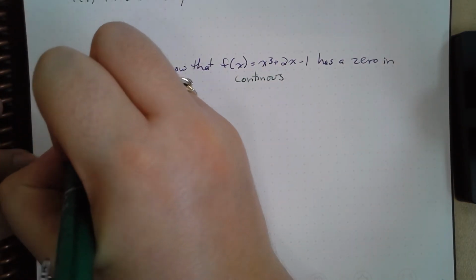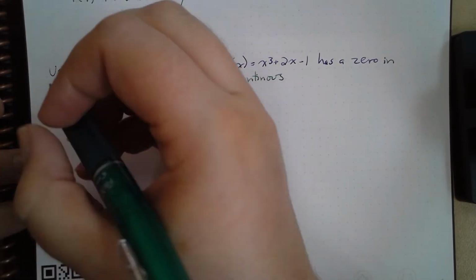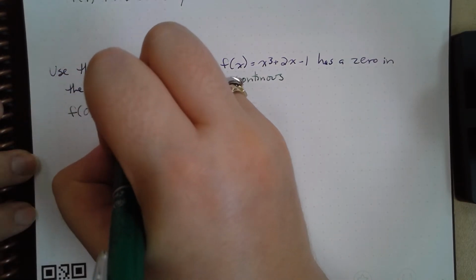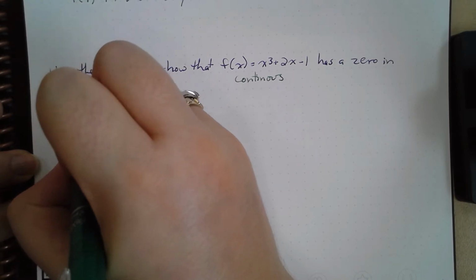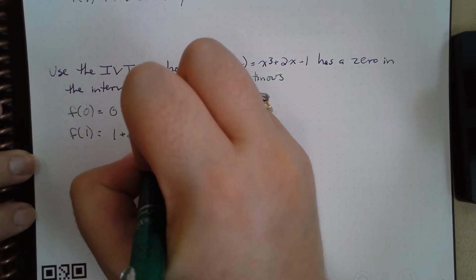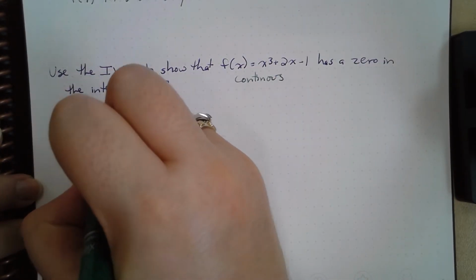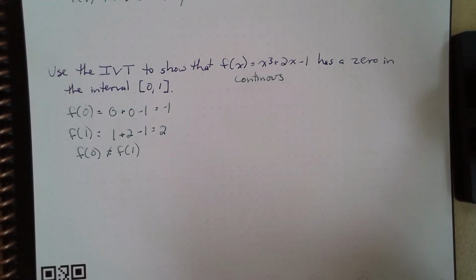Well, f of 0 is going to be equal to 0 plus 0 minus 1, which equals negative 1. And f of 1 is going to be equal to 1 plus 2 minus 1, which equals 2. So f of 0 does not equal f of 1. Good. That's our second condition met.